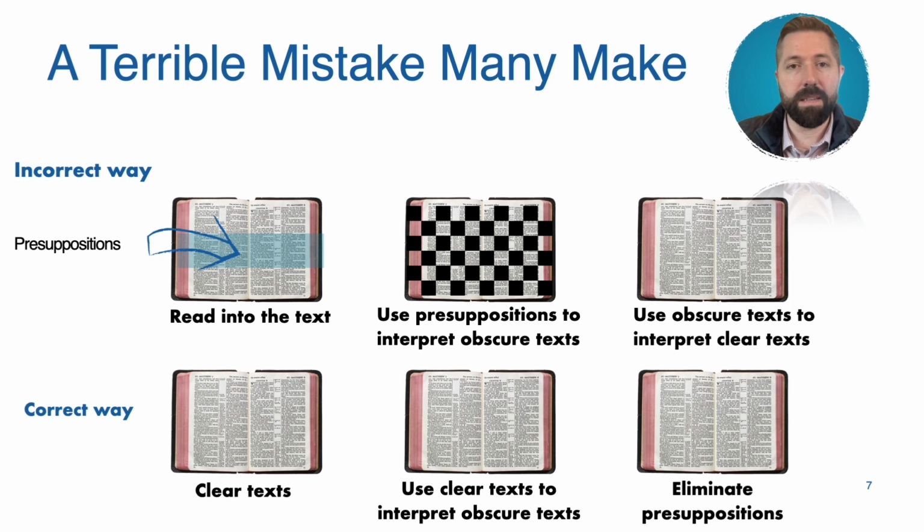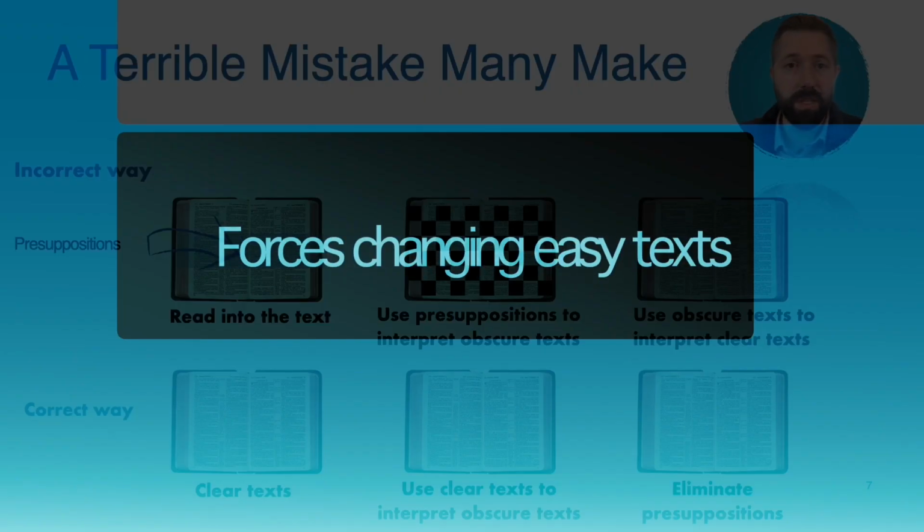And trust me, like I said, if you want to do that, you'll find that. You will find what you're looking for if that's how you try to interpret the Bible, especially with the harder texts. It's easier with the harder texts. But what happens when you do this? If you start with the harder texts of Scripture and you put presuppositions from different theologians or backgrounds or teachers onto them, it forces you to change the clear texts to bend to the obscure text.